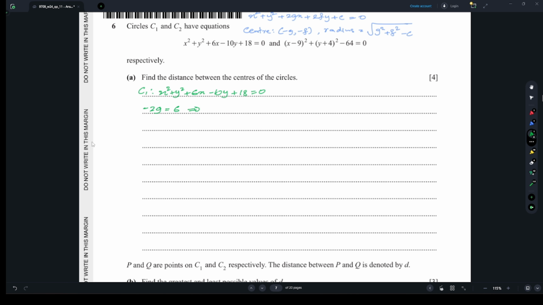So from this you can find g: g equals 3. Then the next one is 2f equals minus 10, so f equals minus 5.